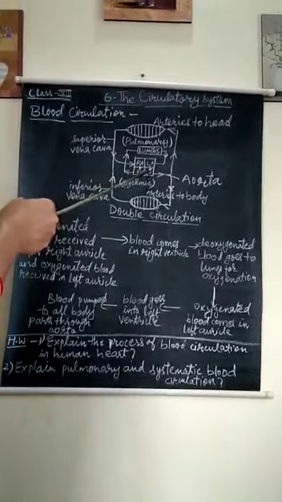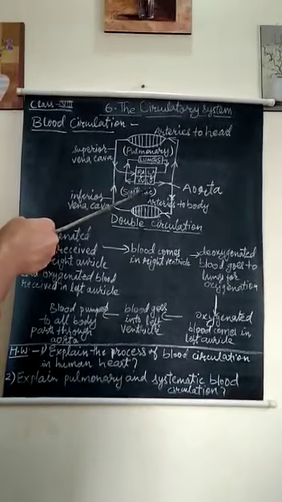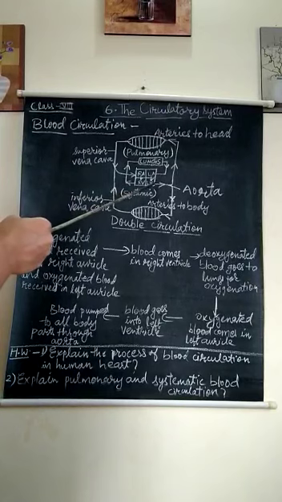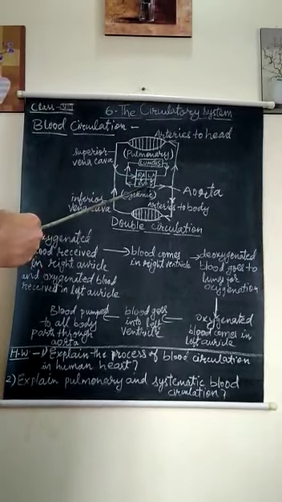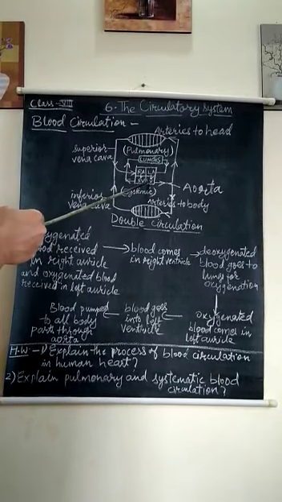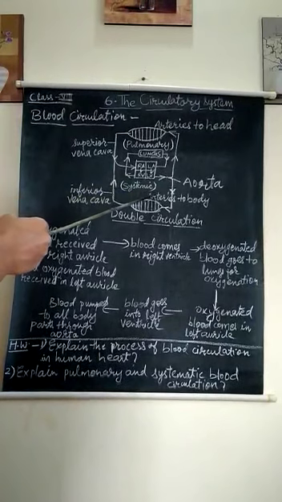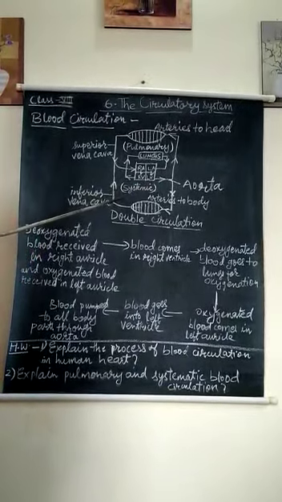The semilunar valves close with a sound when the blood in the ventricles has been pushed into the arteries. This is the circulation of blood twice in the heart.